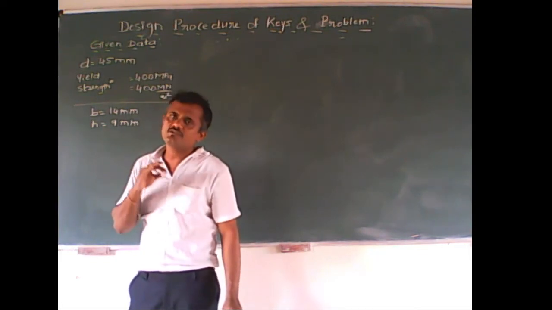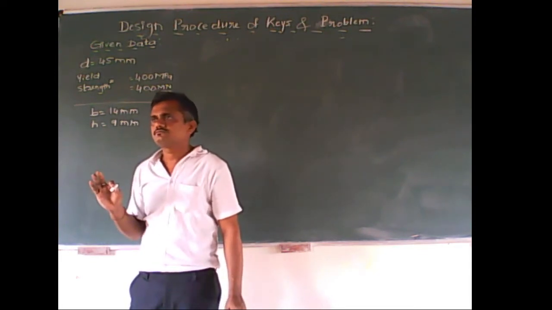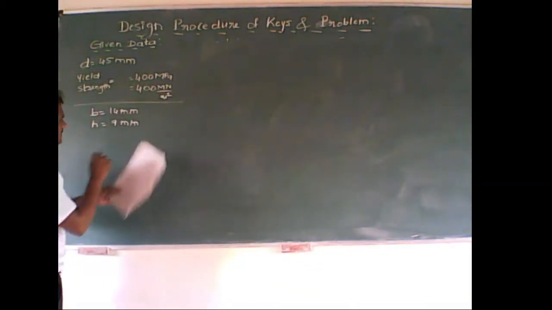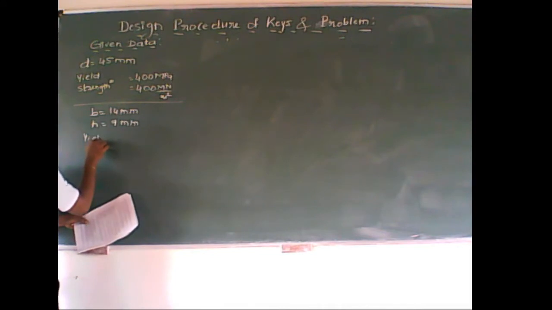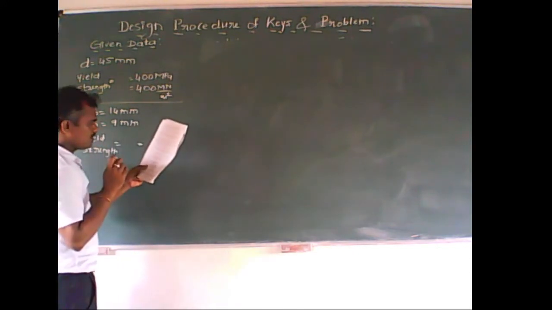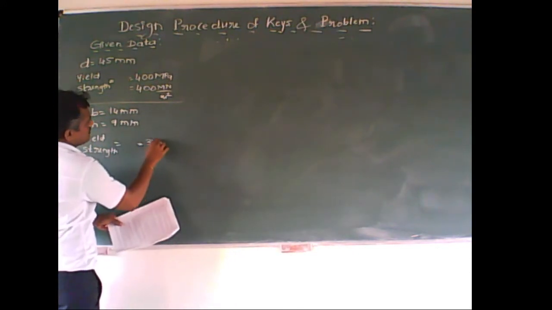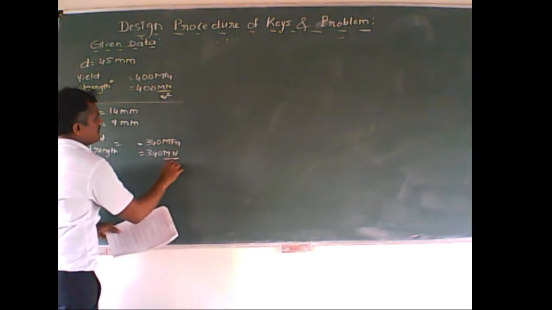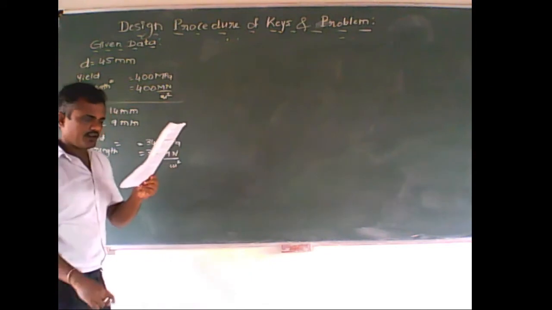Don't think that the shaft and key are the same. The yield strength of the key is given as 340 MPa, which is equal to 340 MN per meter square.